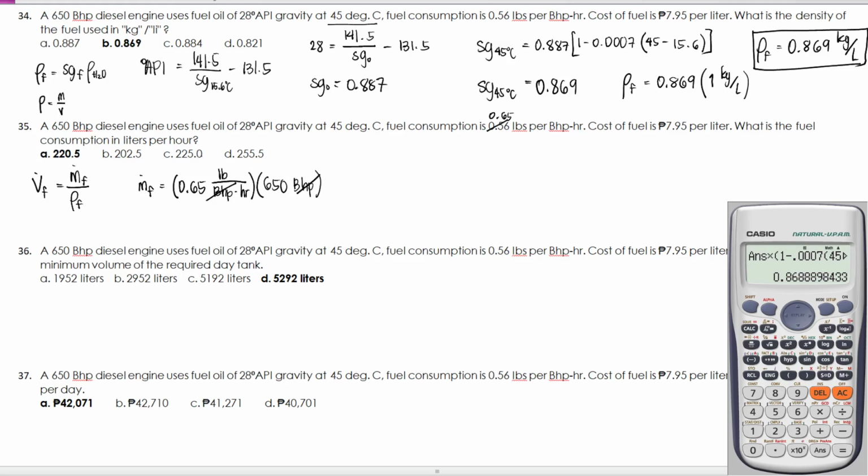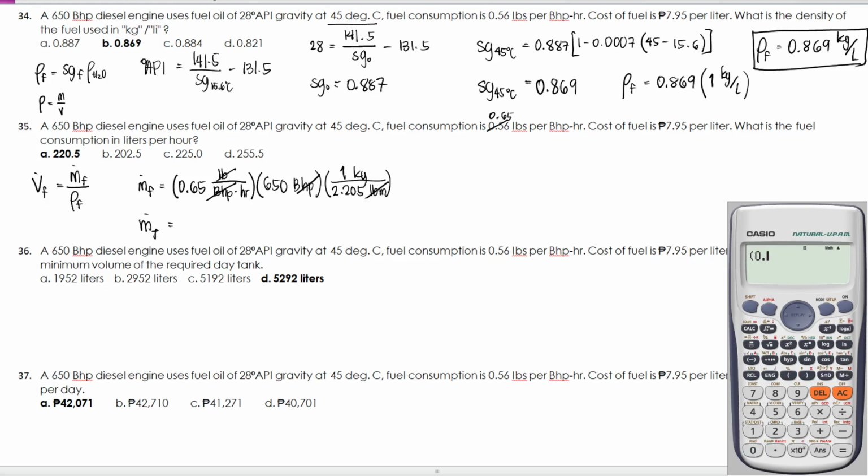Since ang ating kailangang volume is in liters per hour, naka-SI unit, so kailangan ko itong i-convert into kilograms. So by conversion, ang 1 kilogram mass is equivalent sa 2.205 pound mass. So cancel out at magiging kilogram mass per hour. So compute natin.